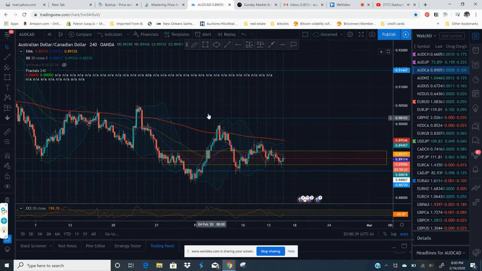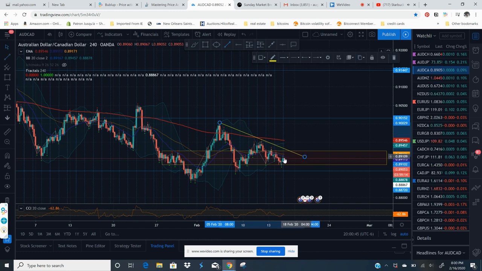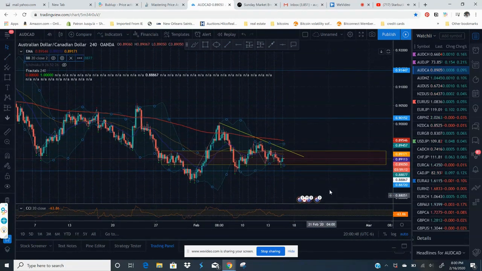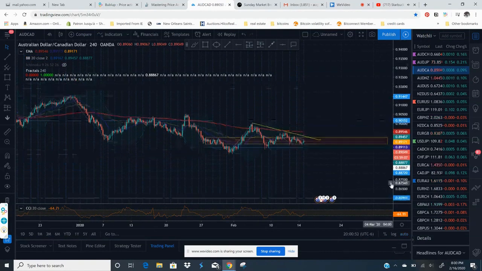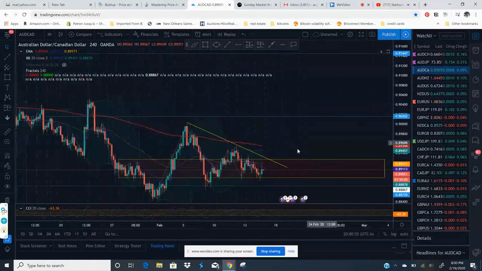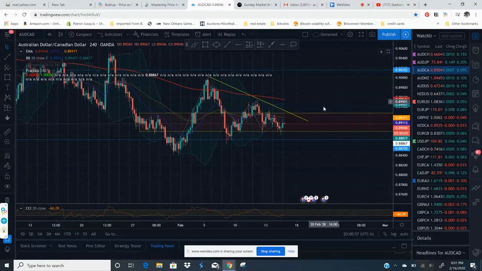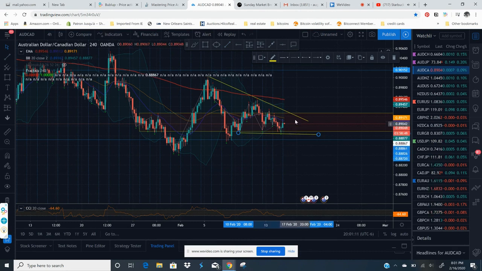It's in a zone. That trend coming down. Strong support right there.